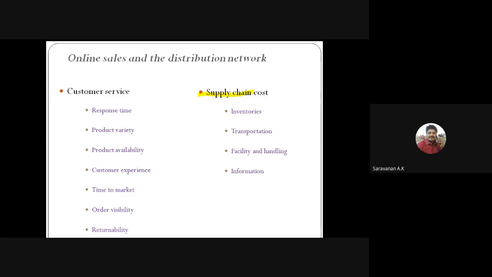Then the facilities. In online shopping, they have two types of facilities, analyzed by the customers and the manufacturer. The first one relates to the number of facilities and the number of locations. If the number of facilities and locations increases, automatically the cost investment is high.